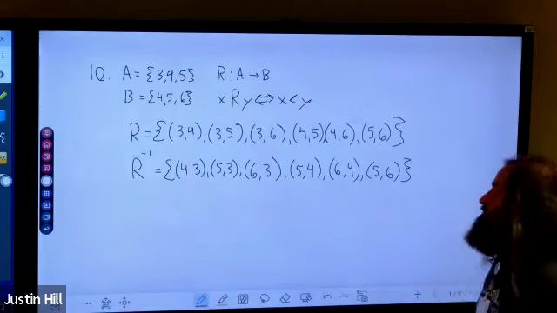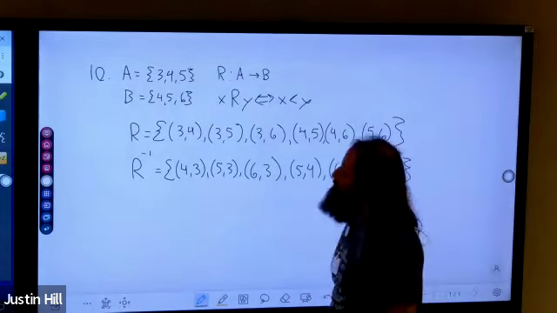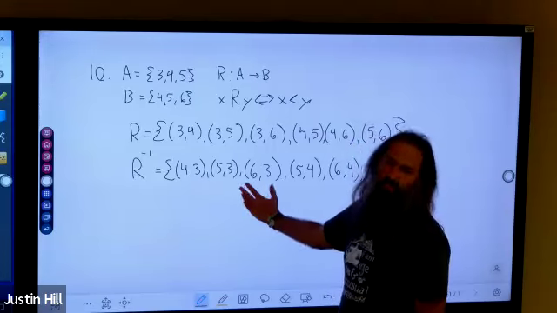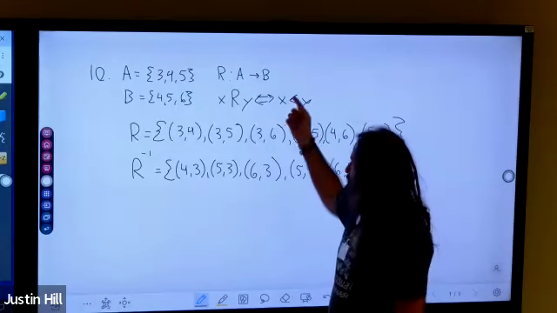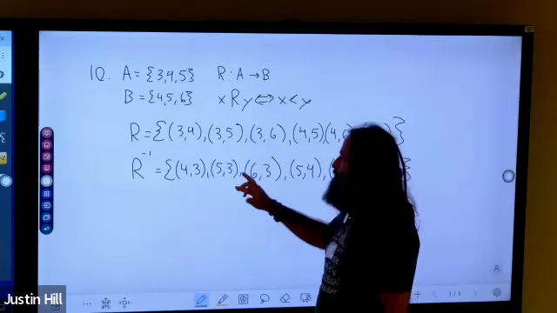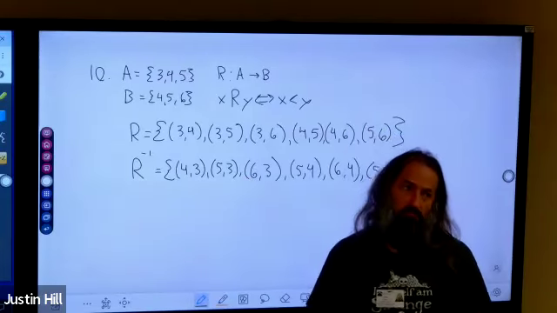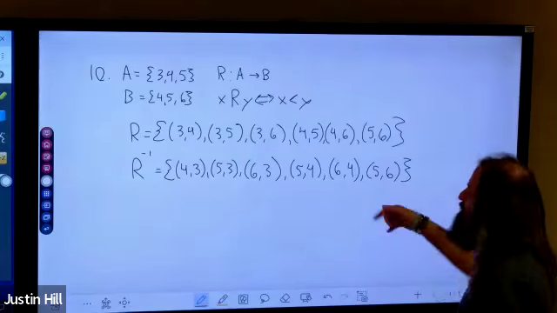In this case, we can even name this relation. You can't always, but if R was the less than relation, then when I flip it around, what do I get? Greater than. So this would be the greater than relation on these two sets.